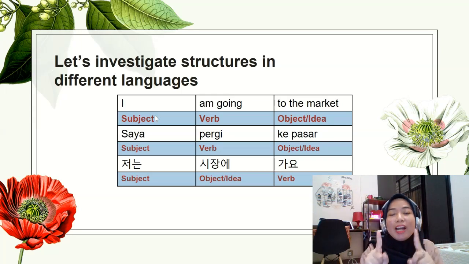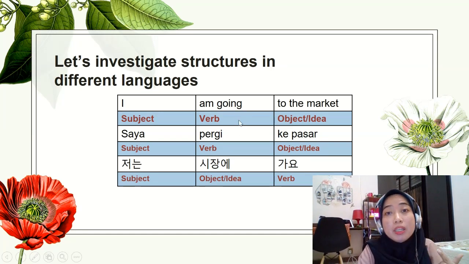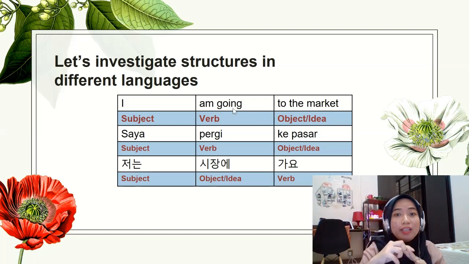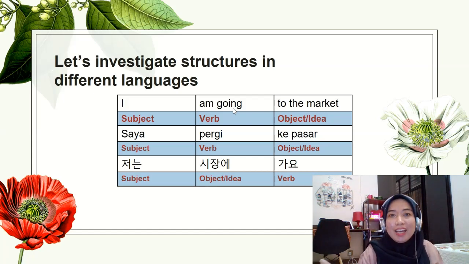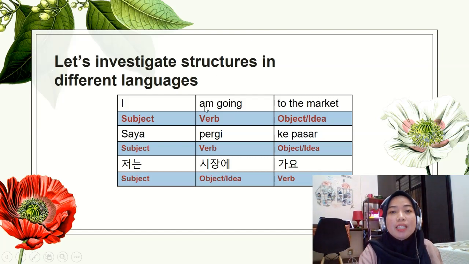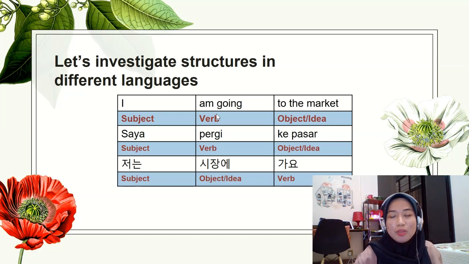But the problem I see between Malay and English is the verb. In English there are two verbs, am going, whereas in Malay it's only one. If we investigate the English verb am going, what kind of tense are we using? We are using present continuous tense.